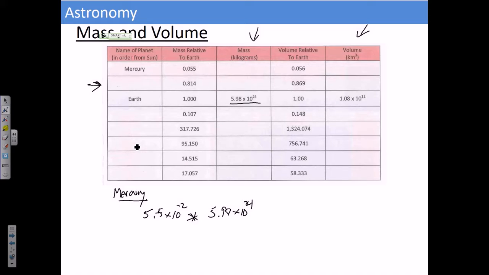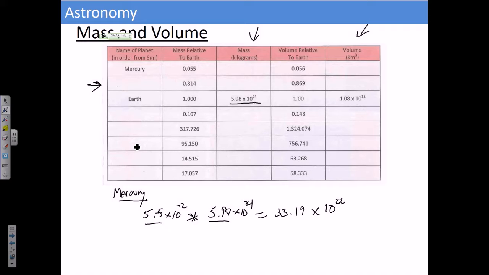Well, what did I say? First you do the decimal values, and you end up with, in this case, 33.19. You could round that to 33.2, times 10. Now for multiplication we add, right? So now we're adding 24 plus minus 2, which gives us 22.